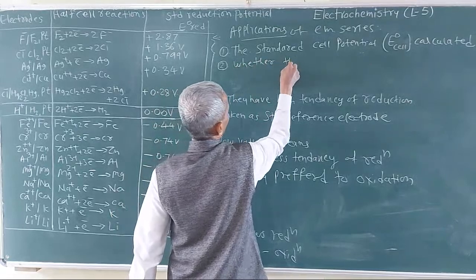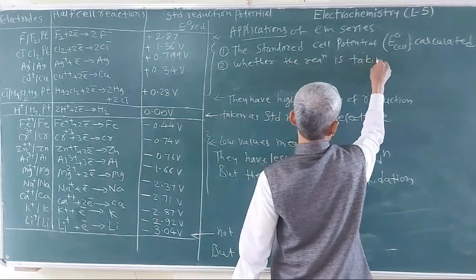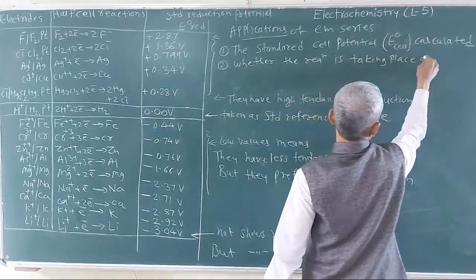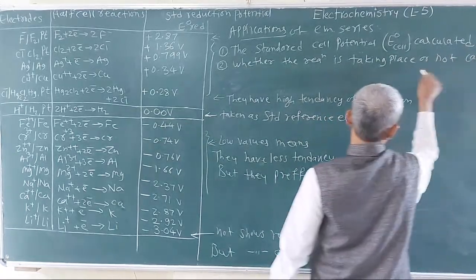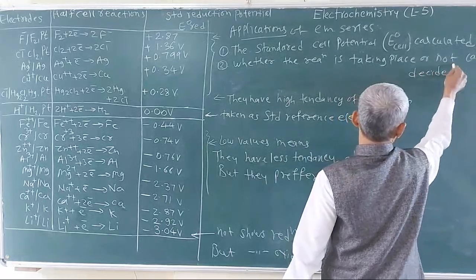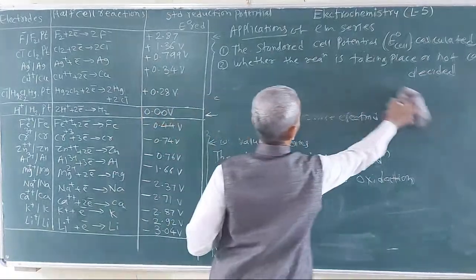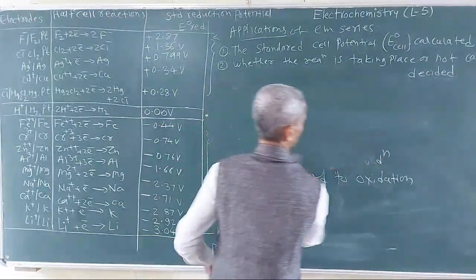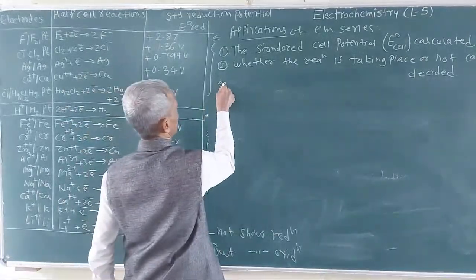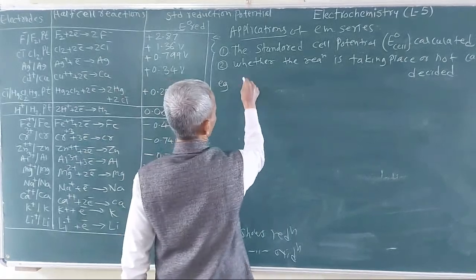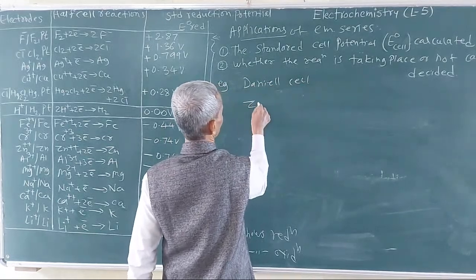Also, whether a reaction is taking place or not taking place can be decided from this. How? Consider an example. If you consider a Daniel cell, it can be represented like this.